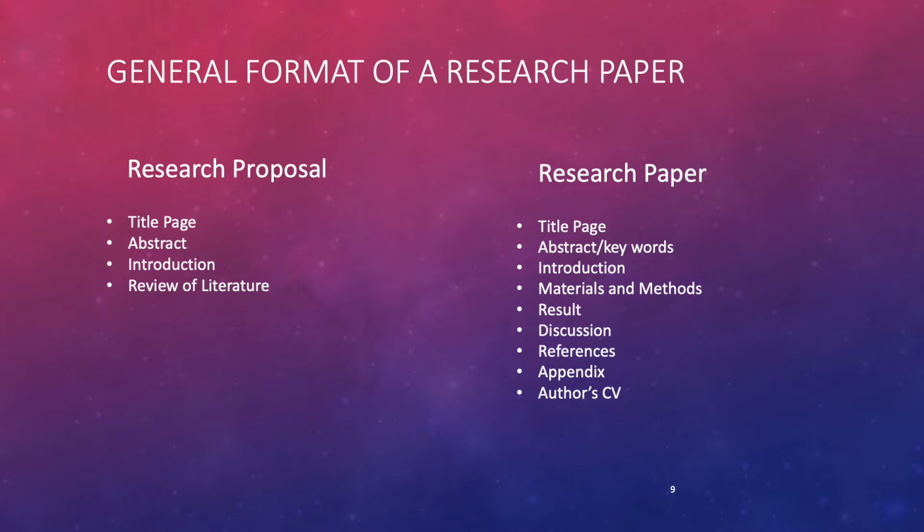In a research paper, this is already combined in the introduction. The review of related literature is the appraisal of studies with similar population, intervention, or exposure and outcome as your research questions.